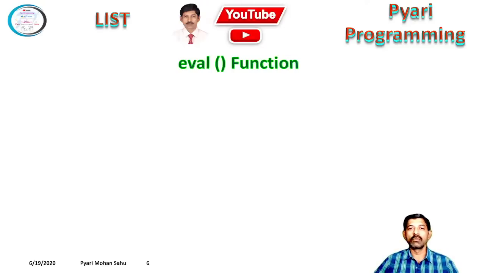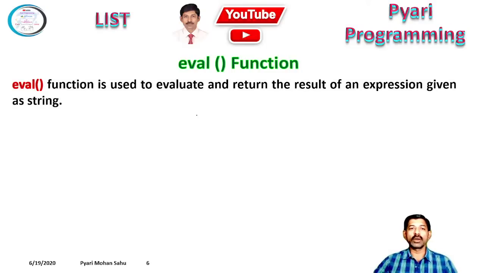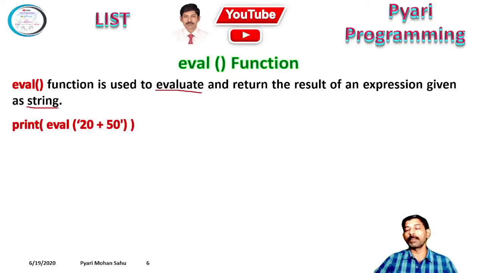So next, we'll have the eval function. The eval function is used to evaluate. Its basic purpose is to evaluate and return the result of an expression given in the form of a string. I am highlighting this because it is most vital to remember. This function's main purpose is to evaluate an expression, but the expression must be in the form of a string.